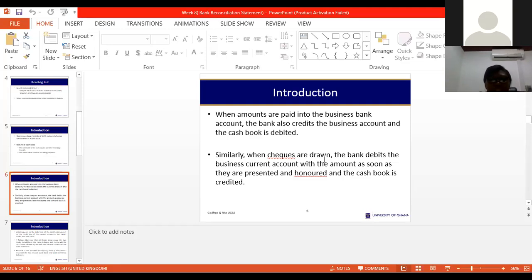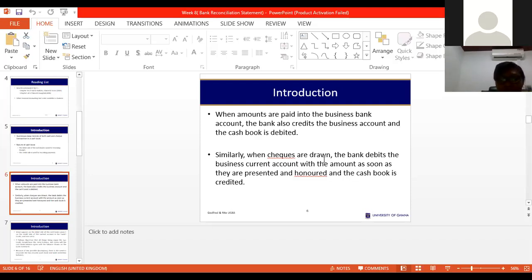That is a transaction on its own. Now, immediately, the business picks that check and sends it to the bank. What transaction takes place there? The bank would also be receiving that check in their bank account and will credit the business's account in the bank. That is a separate transaction.